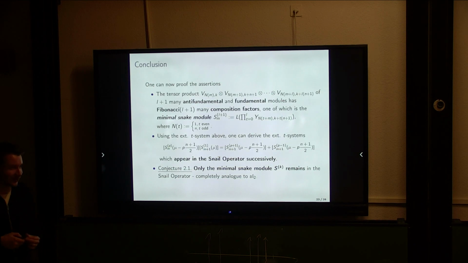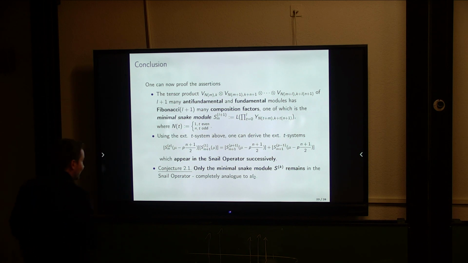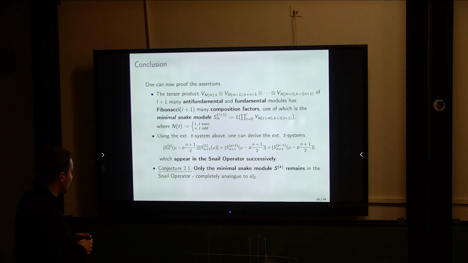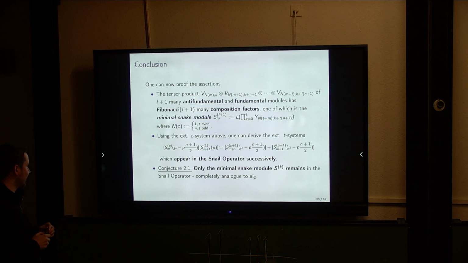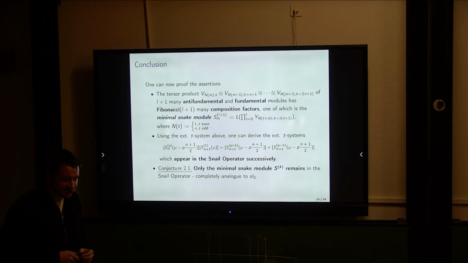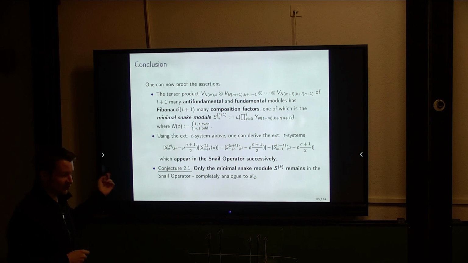So we come to the conclusion. One can now prove the following assertions. First of all, in the tensor product of fundamental representations of the Yangian, so L plus 1 many antifundamental and fundamental modules, there are Fibonacci of L plus 1 many composition factors, one of which is the minimal snake module, which is just the product of the fundamental loop weights that we just saw.